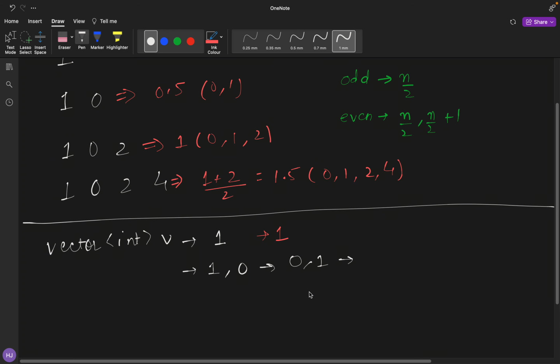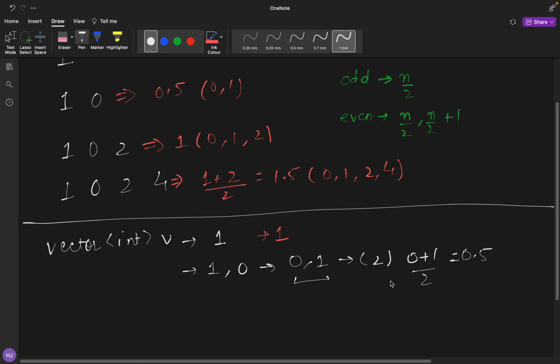Since the size of this list is even, the size being 2, I will compute 0 plus 1 divided by 2, which is equal to 0.5.